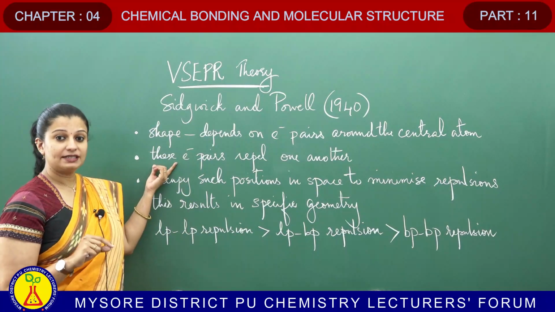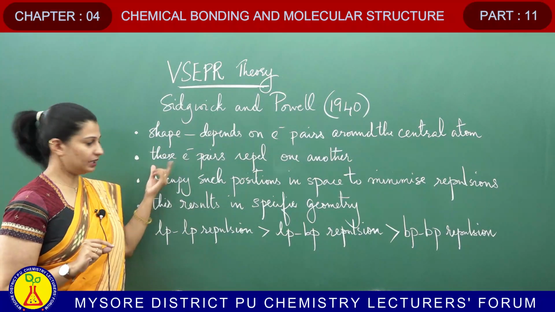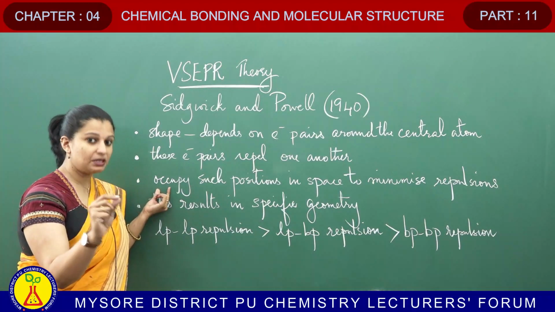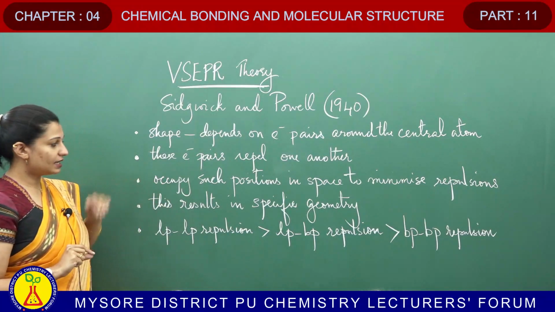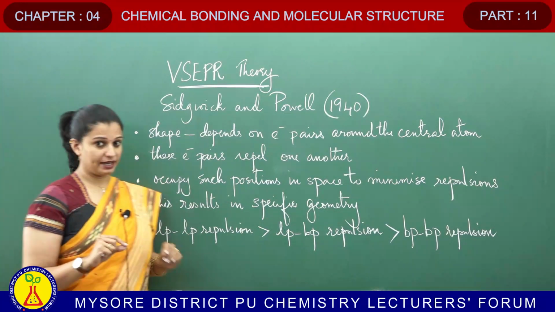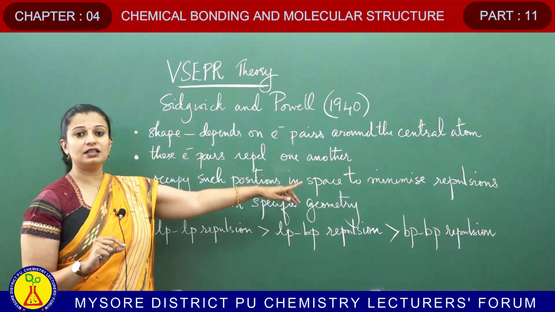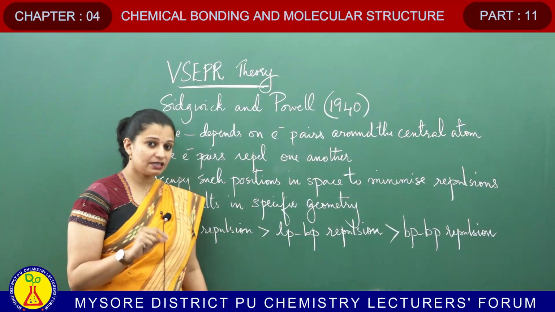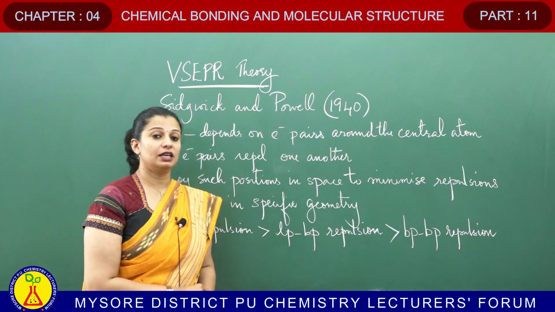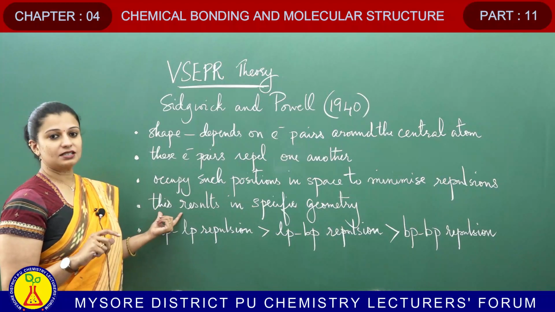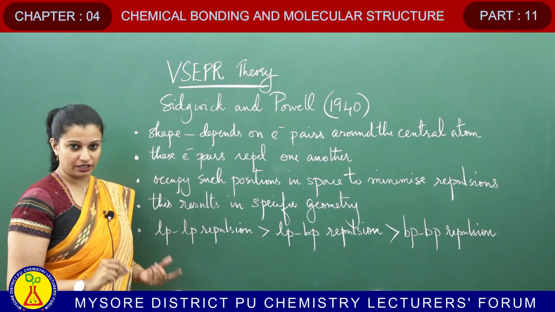These electron pairs repel one another. For the stability of the molecule, these electron pairs must occupy such positions in space so as to minimize the repulsions. When I say minimize the repulsions, that means they have to be kept maximum distance apart. This results in a specific geometry.